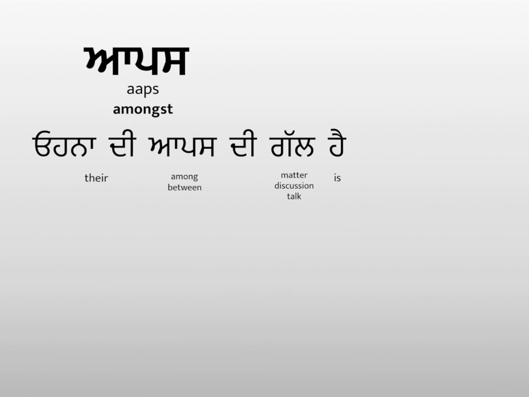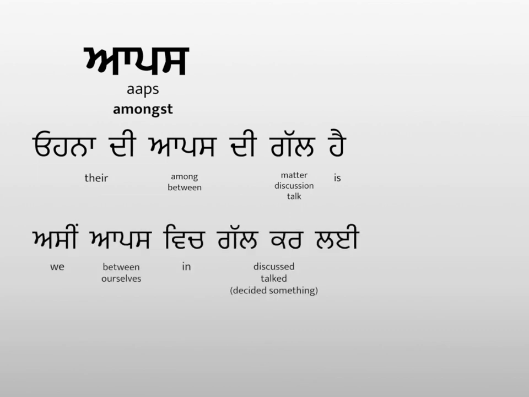It's a discussion between them that they have to figure out. Another example is ਅਸੀਂ ਆਪਸ ਵਿੱਚ ਗੱਲ ਕਰ ਲਈ. ਅਸੀਂ is we. Apas means between ourselves, among ourselves. What did we do? ਗੱਲ ਕਰ ਲਈ. We talked, we discussed.